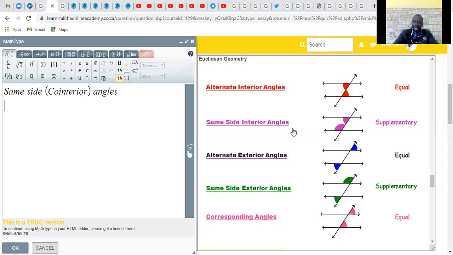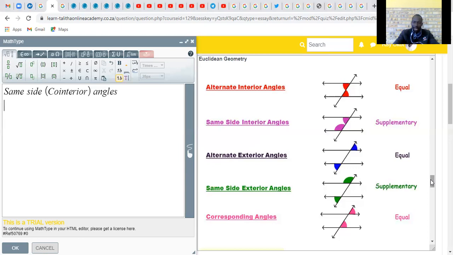This is the second angle property inside parallel lines that we are looking at. The next ones are other properties. But before we extend our investigation of angle properties to the next three, we will look at a few activities on same-side interior angles.